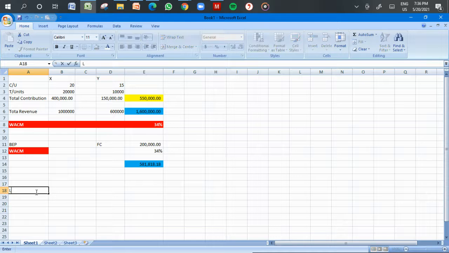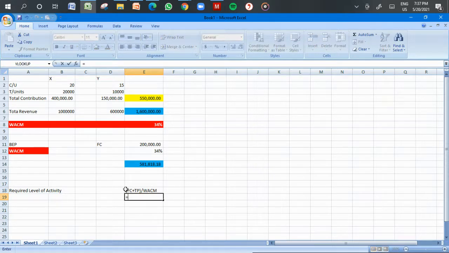You just say the required level of activity equals fixed cost, then you add the target profit, then you divide everything by the weighted average contribution margin. So that is the formula.